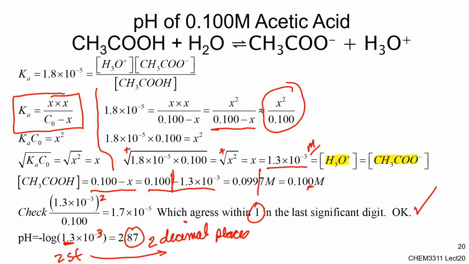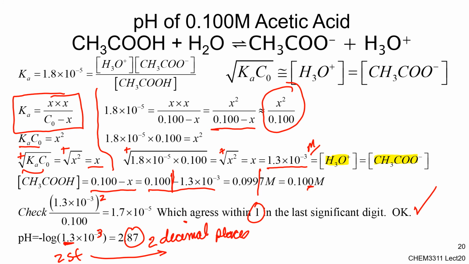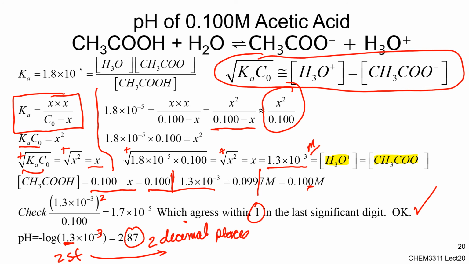And so when we did the small x approximation and brought C0 to the left-hand side, that's equal to x squared. Take the positive square root of both sides. So x was the square root of Ka times C0. And we know that x is the hydronium and the acetate concentration.